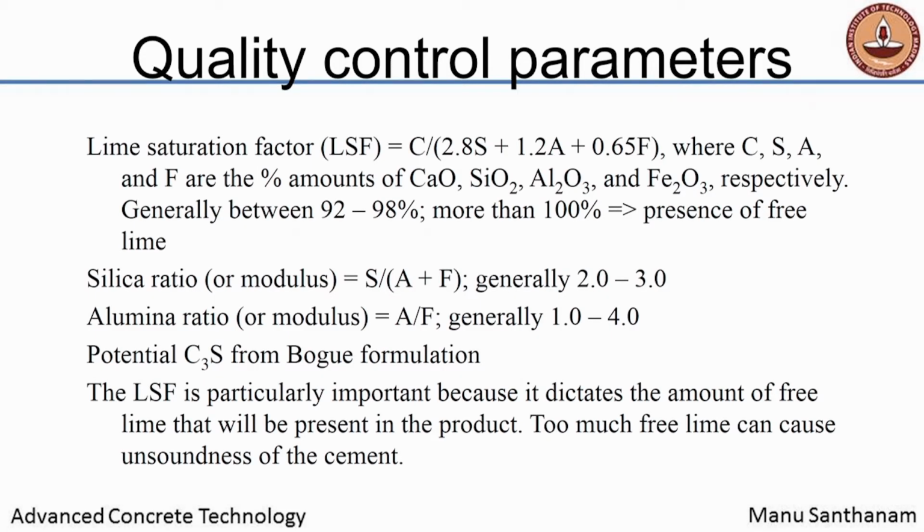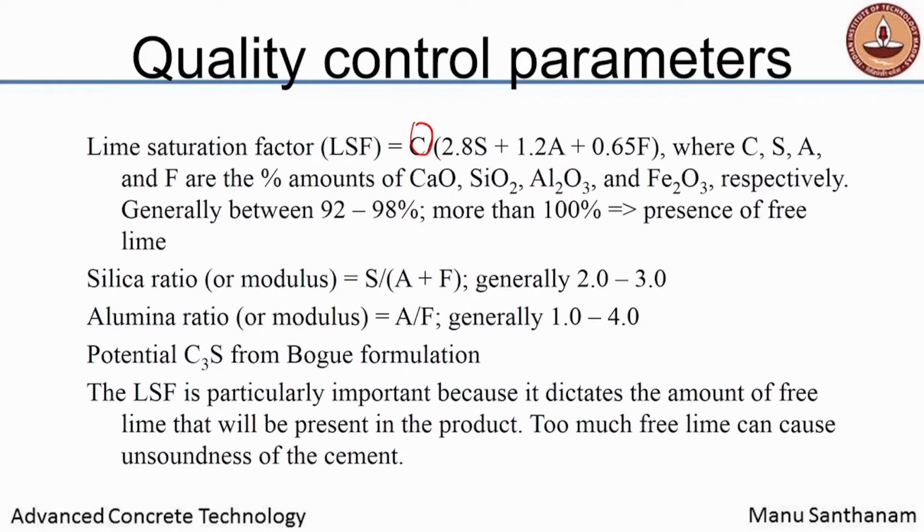Now, if you look at the equation for the lime saturation factor, it is a ratio of the calcium oxide content CaO, right, which is represented as C in cement chemistry. Okay, so don't confuse this with carbon. This is calcium oxide CaO divided by a combination of the silica, alumina and the ferrite.